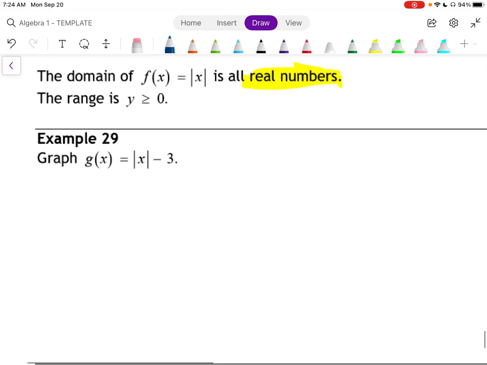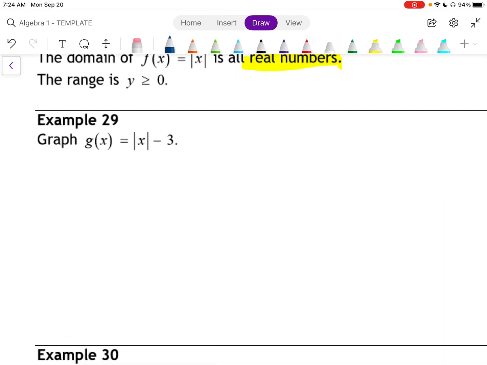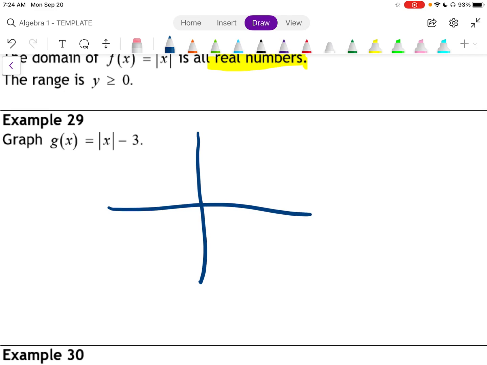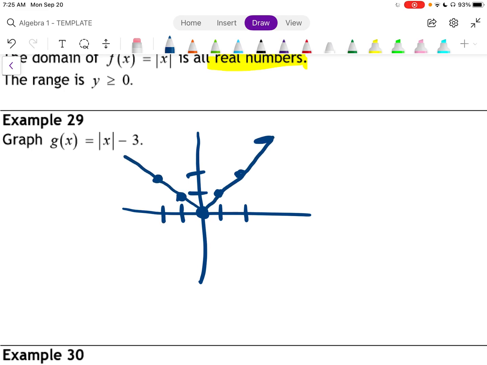Example 29, graph g of x equals absolute value of x minus 3. So I'm going to graph the original, and then I'm going to graph the new piece on here. So the original, we have a point at (0, 0), (1, 1), and (2, 2). That's the parent function, f of x equals absolute value of x.